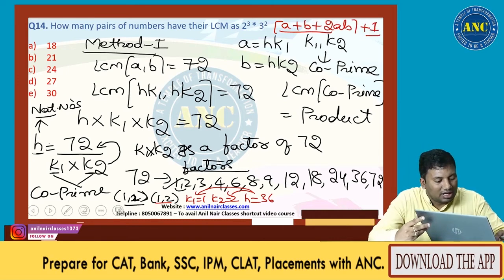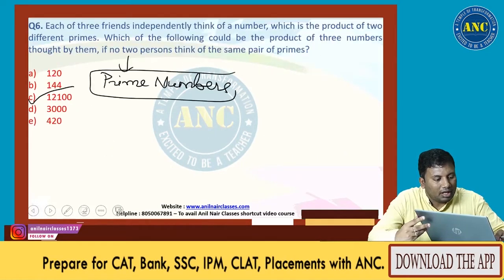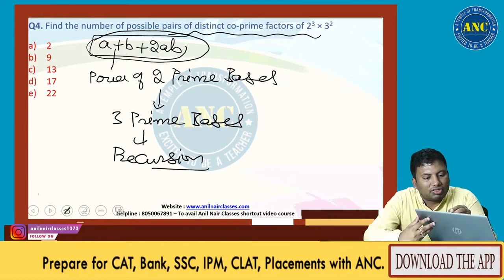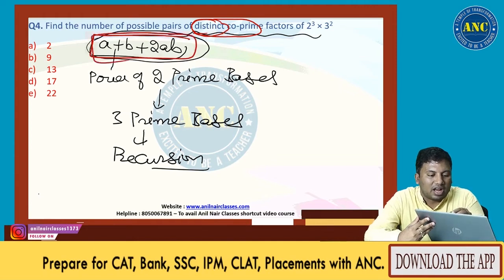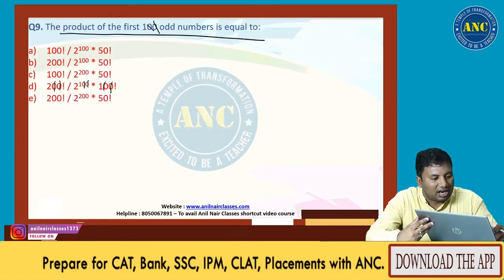Why? Because yesterday this concept A plus B plus 2AB was for distinct co-primes. I can also take 1 comma 1; here the distinct word is not there.